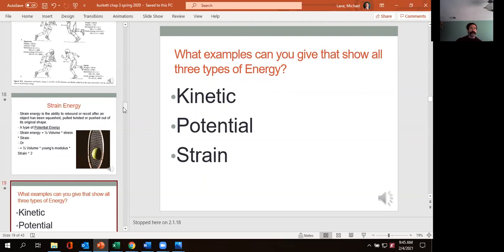Hitting a baseball with a bat, potentially. The bat and the ball will have a little bit of strain energy upon contact, where there's a little bit of deformation. Now with pole vaulting, absolutely. And yeah, with bouncing a basketball.